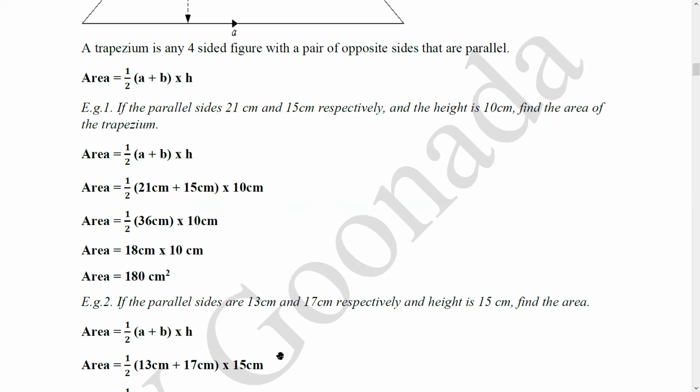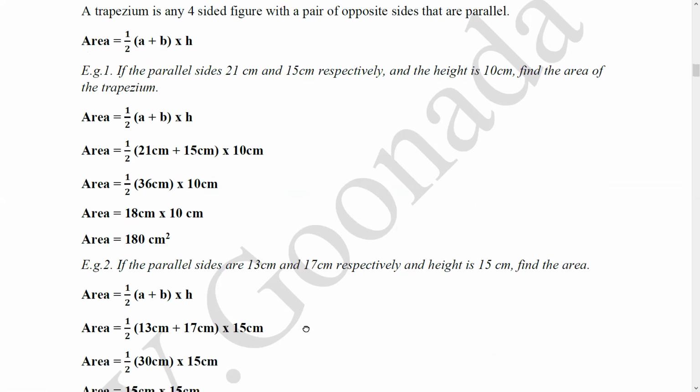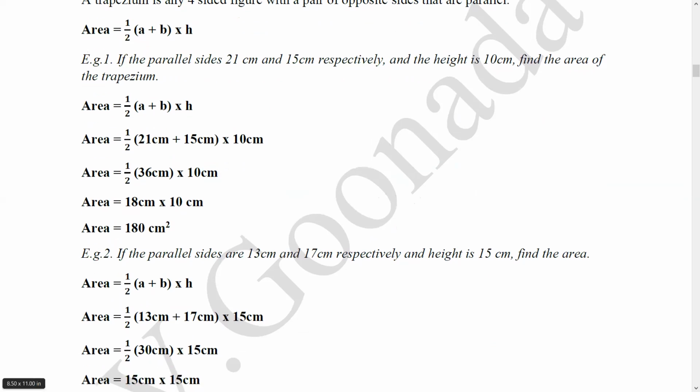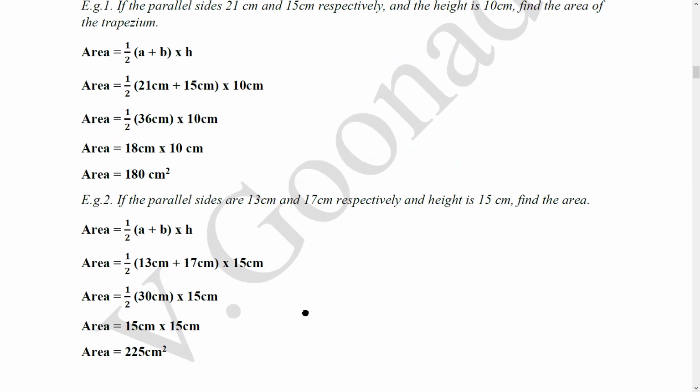And of course, it's multiplied by 15 centimeters. 13 plus 17 is 30. And of course, a half of 30 is 15. So 15 by 15 centimeters will give us 225 centimeters squared. And as you can see, 15 by 15 will give us 225. So if you find the square root of 225, you have to get 15. So I don't know how you get 15.9, right?